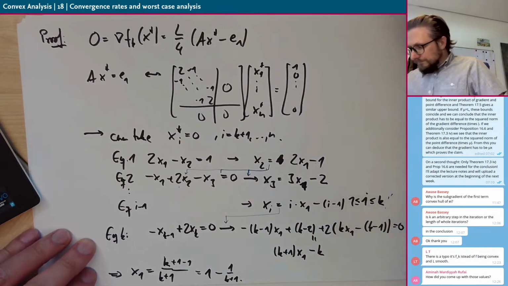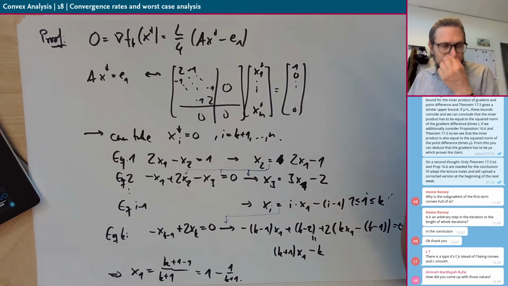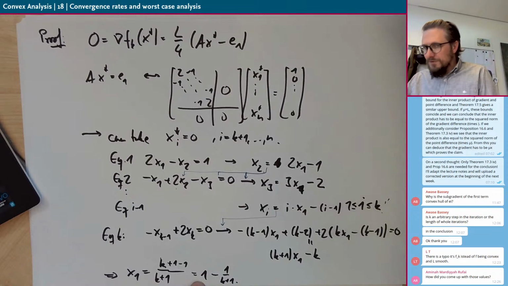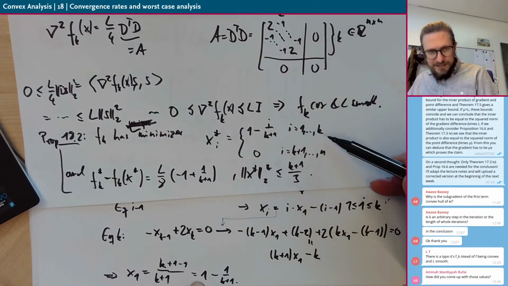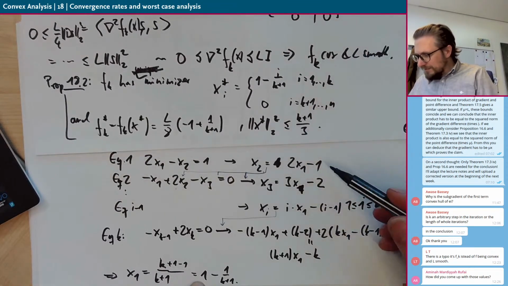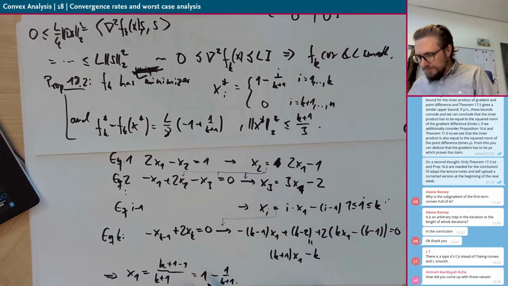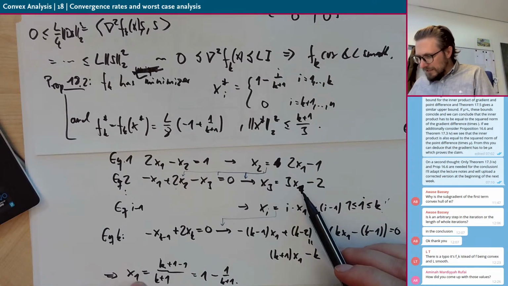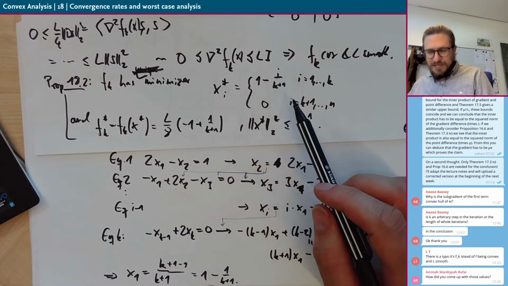This shows that this entry is correct for I equals 1, and if we plug it in here, it also shows that all the other entries are correct. If you plug this value for x1 and do the math, you see that x2 is 1 minus 2 over k plus 1, and so on.